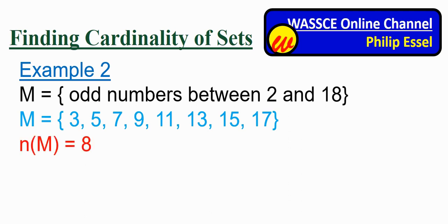When we count the number of elements or members in the set M, our cardinality will be equals to 8, because there are 8 elements or members in the set M.